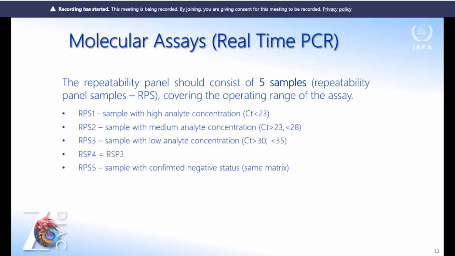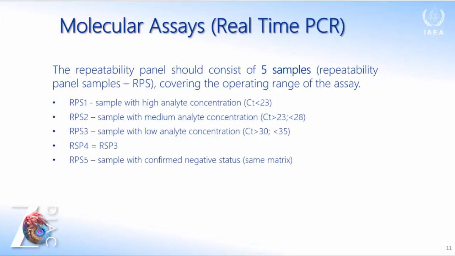And the fifth sample can be the negative sample derived from the negative matrix, so the same matrix as the previous one, the matrix which is suitable for the validated test.